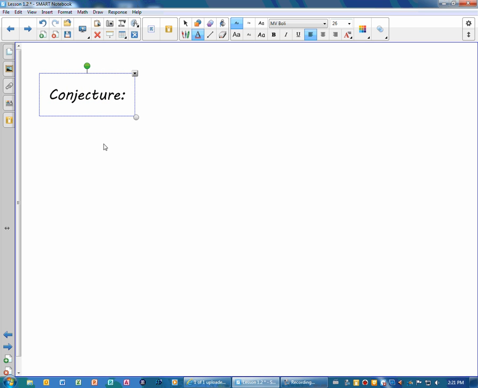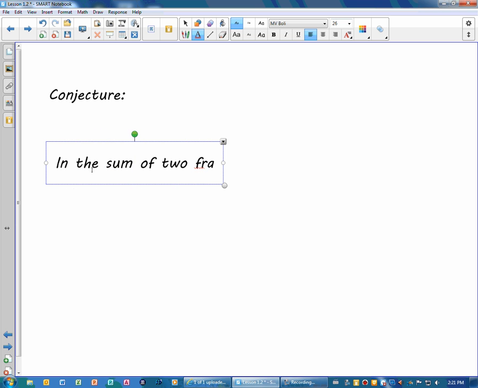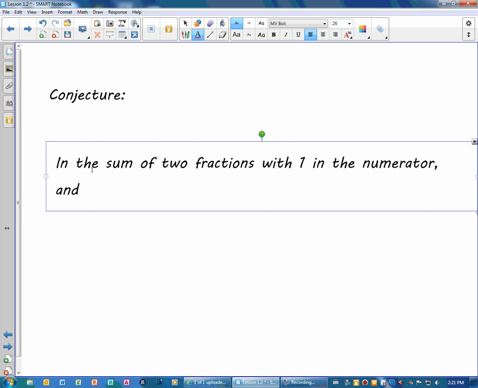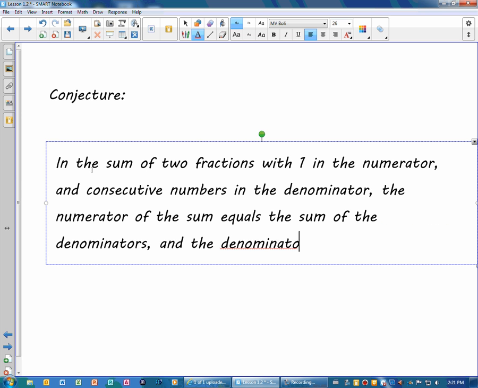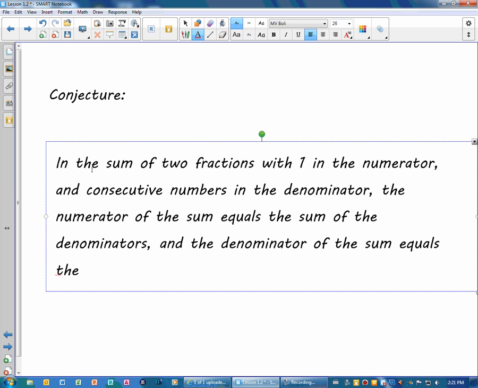What's my conjecture? Well, we could say something like, in the sum of 2 fractions with 1 in the numerator and consecutive numbers in the denominator, the numerator of the sum equals the sum of the denominators, and the denominator of the sum equals the product of the denominators.